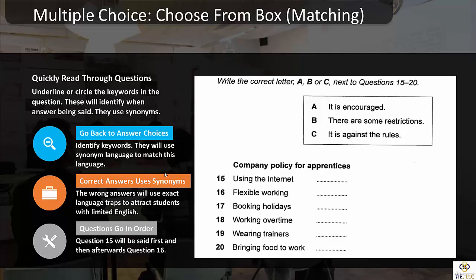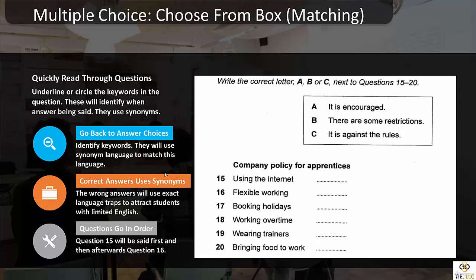But also, really, really pay attention to the answer choices A, B, and C. Identify the keywords. So, for example, in A, you have the word encouraged. You have to really think about what synonym language they're going to use for that word, because in the conversation or in the solo presentation, they're not going to say the word encouraged.